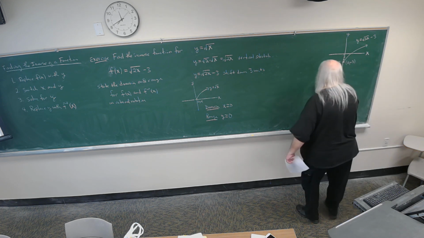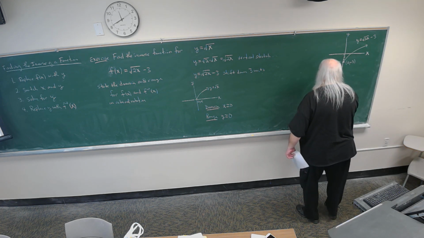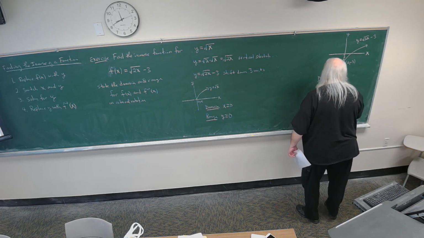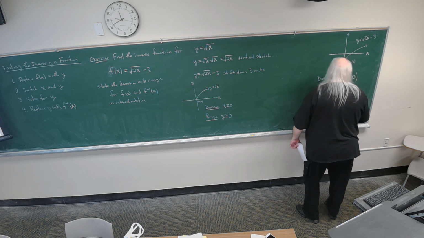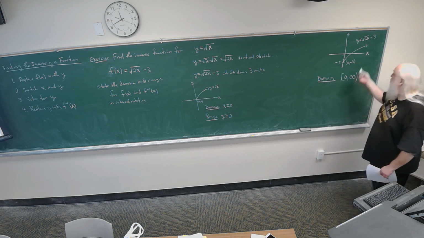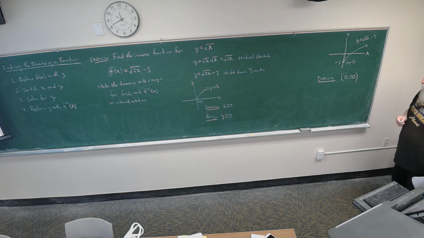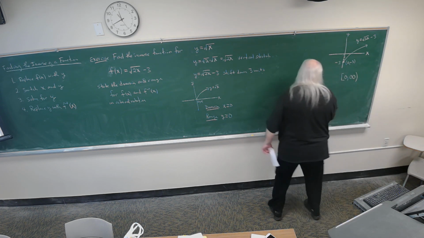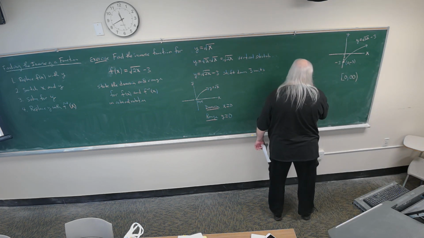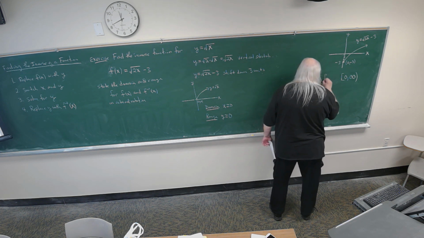So the domain, and we include 0, right? So in interval notation, the domain of f of x, okay, is 0 to infinity, including 0. Okay? So let me write out the word domain of f of x.